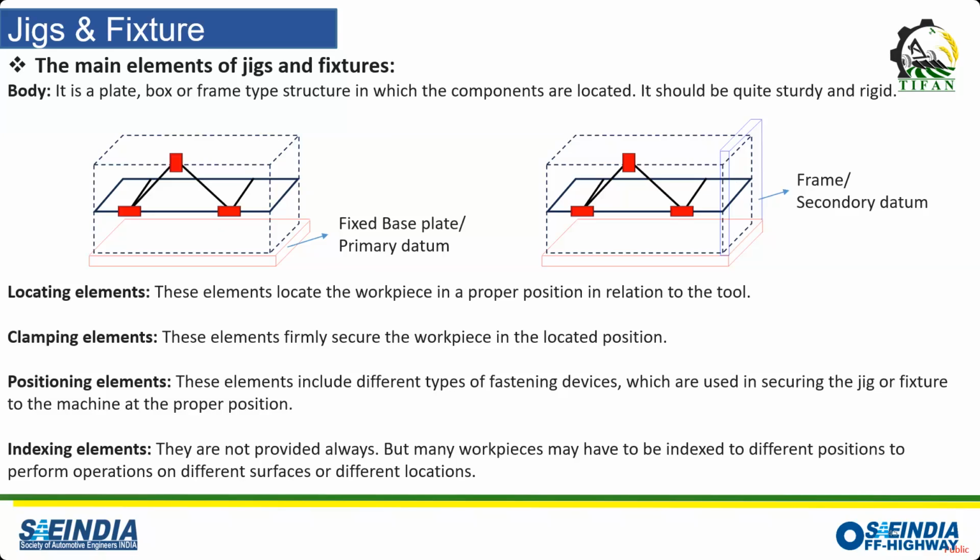As I mentioned, it can be a plate or a frame. I have tried to show in the second picture on the right side that in place of a base plate, we can have an angle frame, which is holding it from two sides, or we can also have a box that can hold the part.